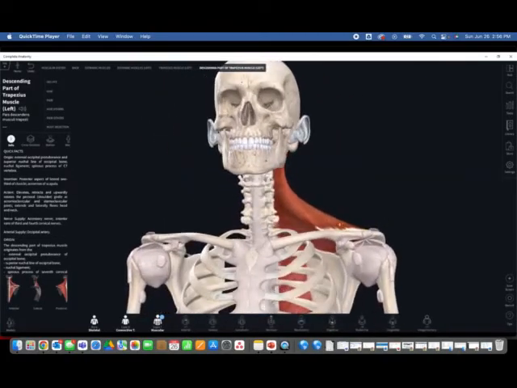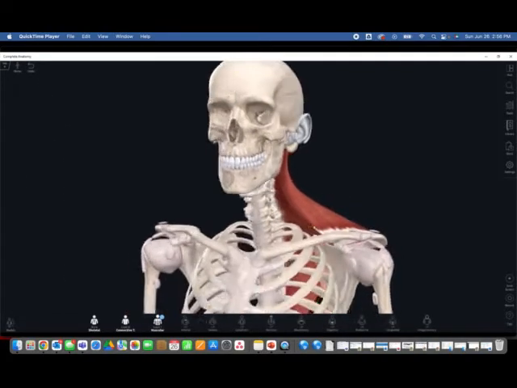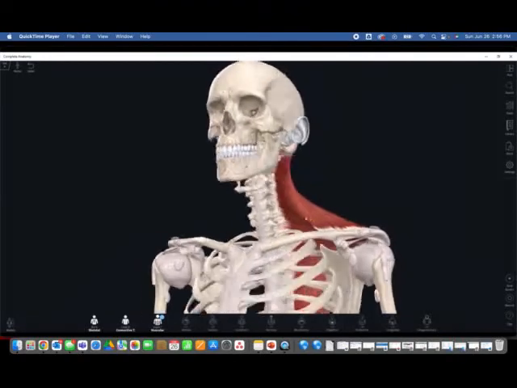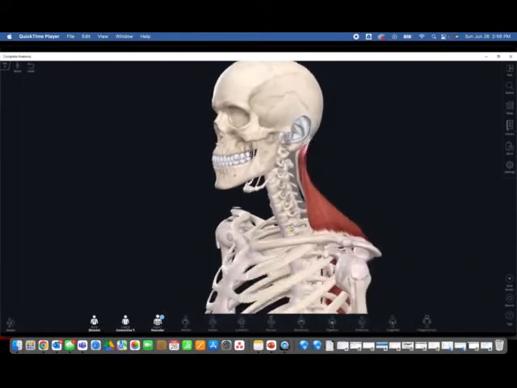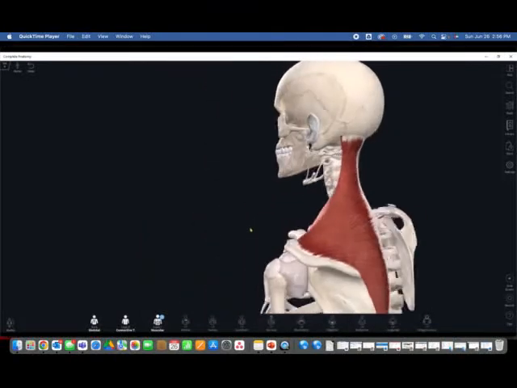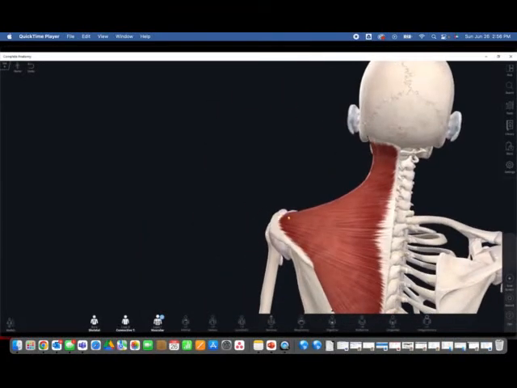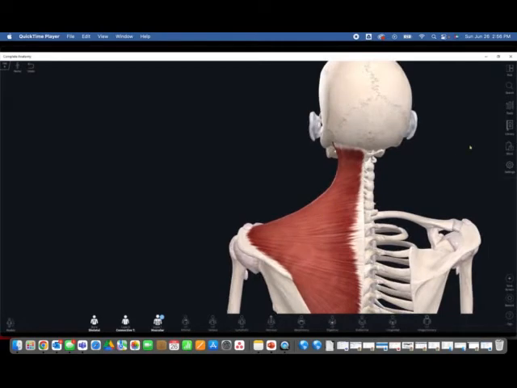As you can tell, the superior aspect of the upper trap has quite a bit of muscular girth, and we'll talk about this in detail, but as we needle, that bulk of that girth is what we're going to be looking for, the midpoint between the acromion and its occipital attachment, so right in there.